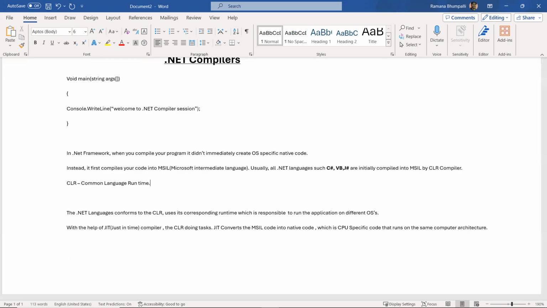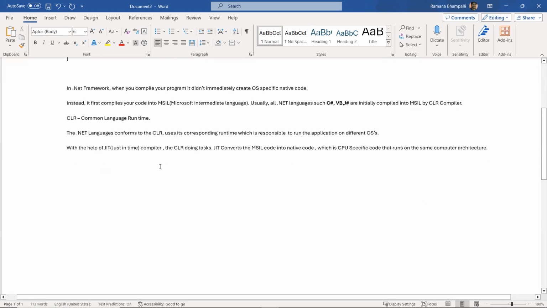Understood? So the .NET framework is not going to convert your program directly into native code. It will convert into MSIL first. That MSIL is going to convert into native code with the help of a JIT compiler.